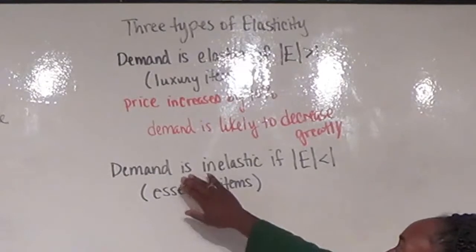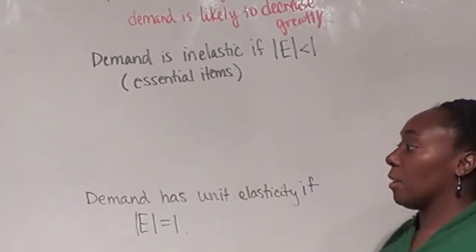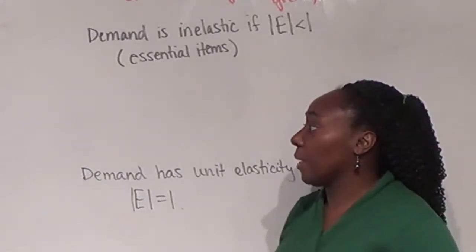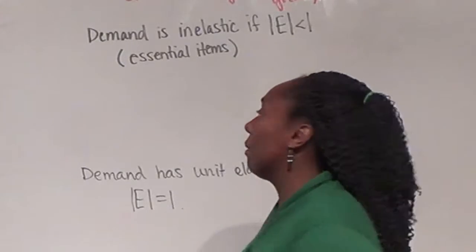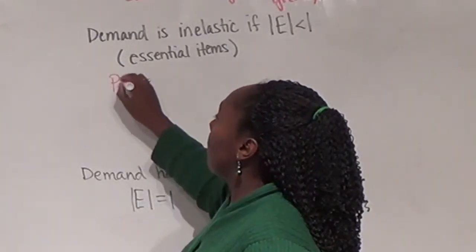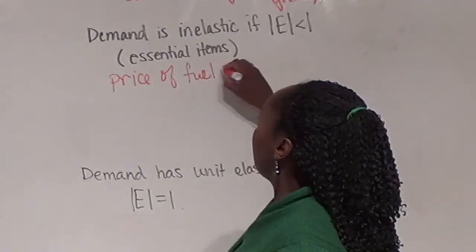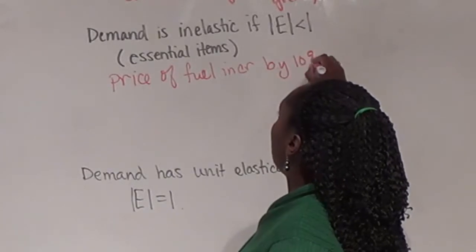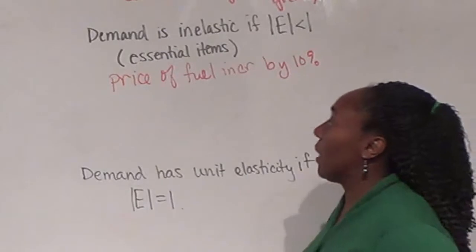Okay? Demand is inelastic if, for our elasticity function, we get an absolute value that is less than 1. And these are kind of like our essential items. Okay? An example here would be heat or fuel. If the price of fuel increases by 10%, you're not going to see much change in demand.